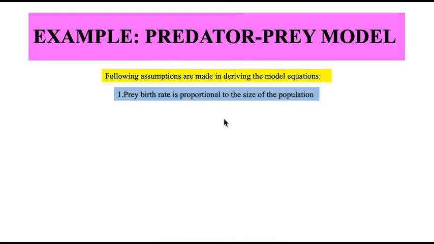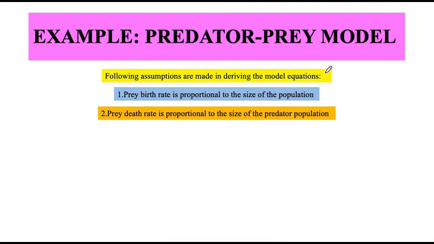The prey birth rate is proportional to the size of its own population, and the way prey die is only when they come in contact with predators, and therefore their death rate would be proportional in some way to the size of the predator population.